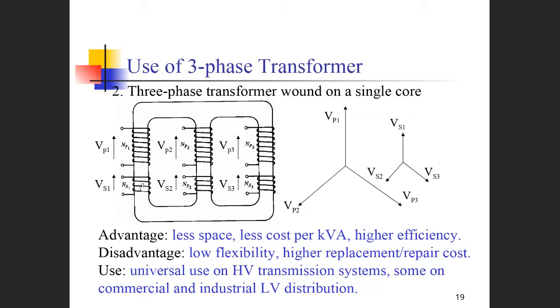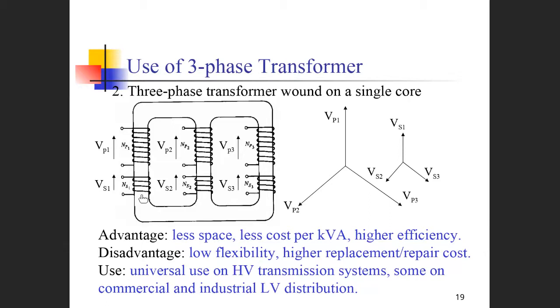Of course, in practice, they can be wound on a single core in different ways. What I show here is a straightforward, very simple way. In such a way, you can see that primary phase 1 and secondary phase 1 share the same core.